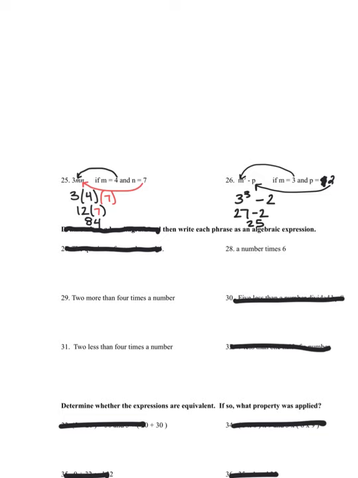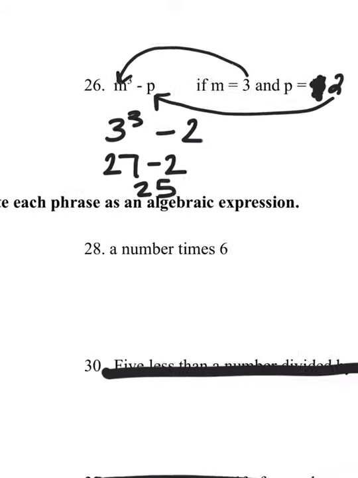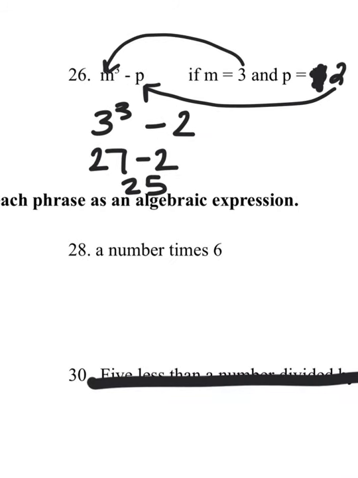Now for our next set of problems, we want to write each phrase as an algebraic expression. So we look at each sentence and write it down as if we want to solve it. So for 28, it says a number times 6. So since we don't know what number we're multiplying, we're going to use a variable.